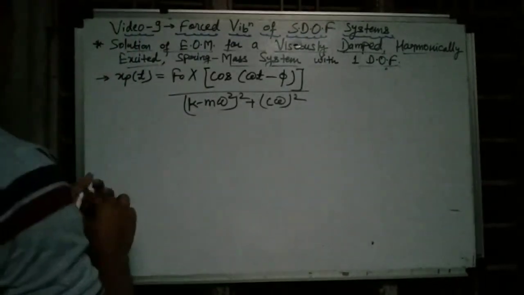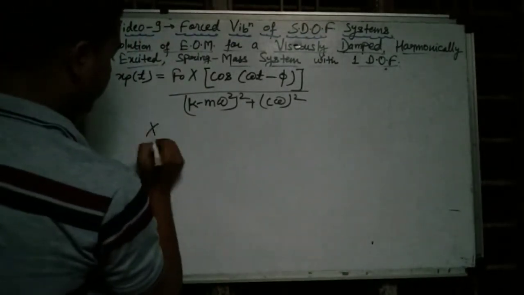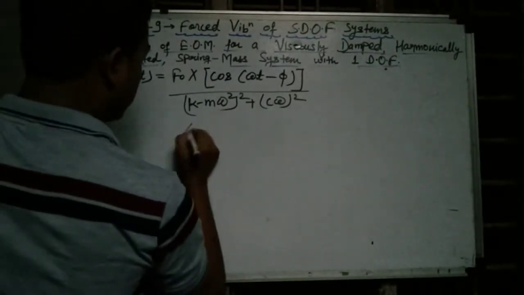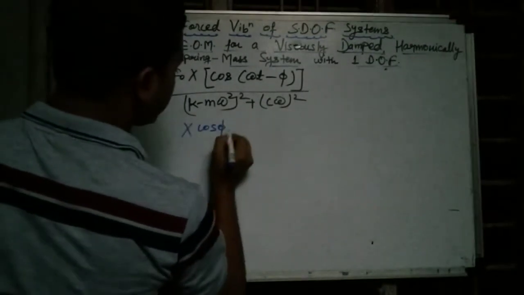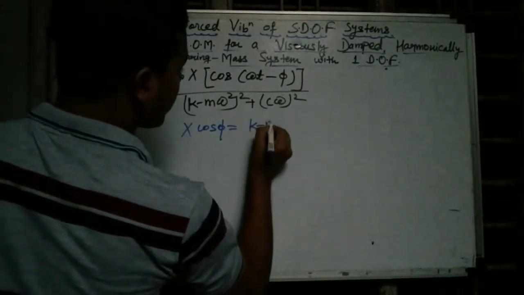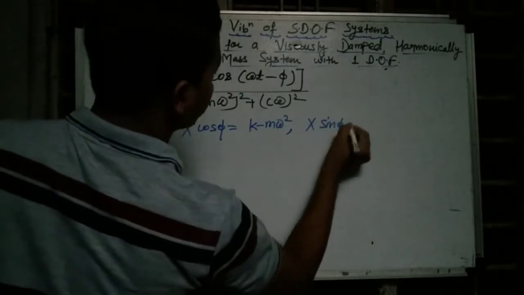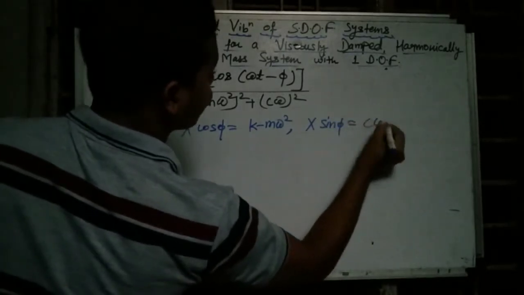Now what is the value of capital X? We can once again recall: X cos phi was k minus m omega square, and X sin phi was c omega.